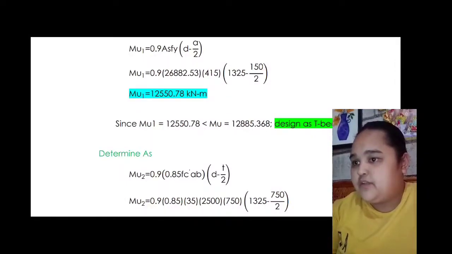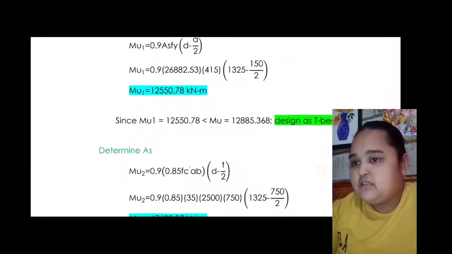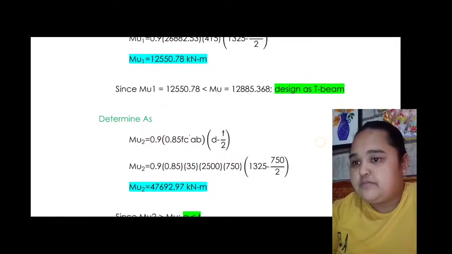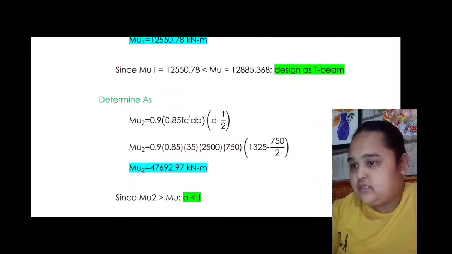Next is determine AS. MU2, which is 0.9 times 0.85 FC prime times AB times D minus T over 2. MU2 is equal to 0.9 times 0.85 times 35 times 2,500 times 750 times 1325 minus 750 over 2.